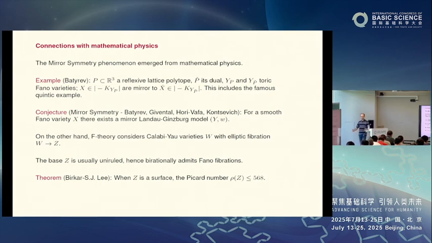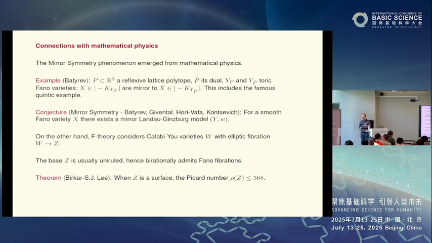And then he said that, well, these two are mirror to each other. So this was one of the main ways to construct mirror Calabi-Yaus. But as you see, this involves Fano varieties.